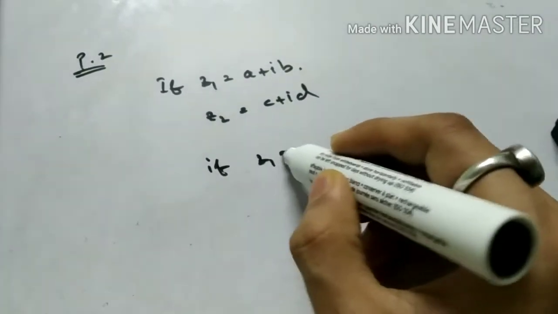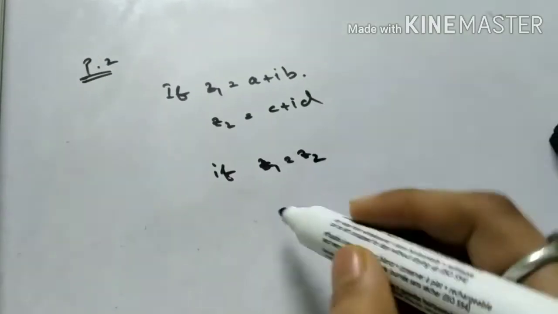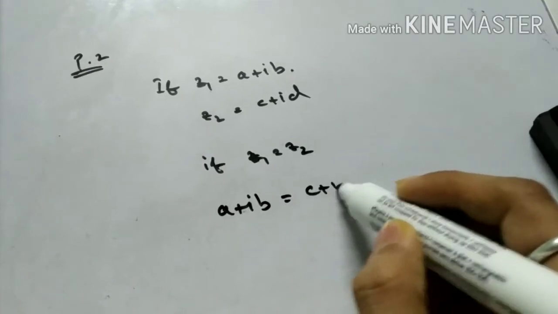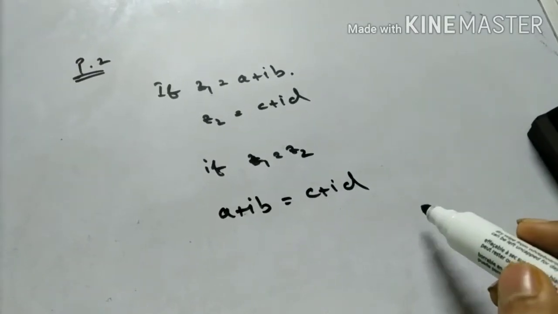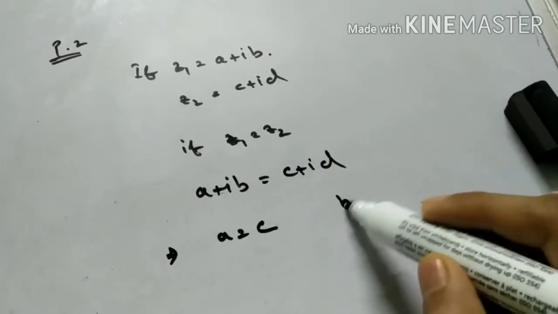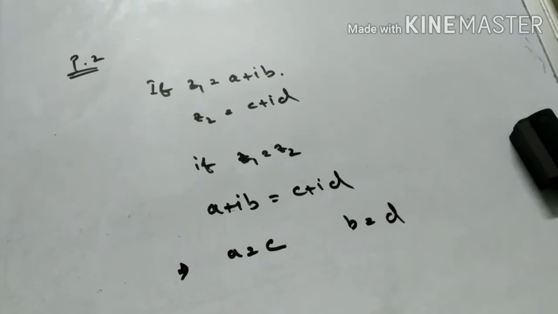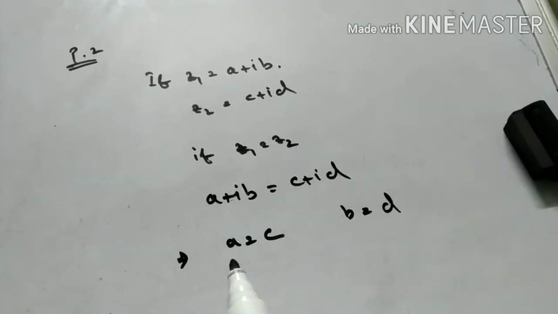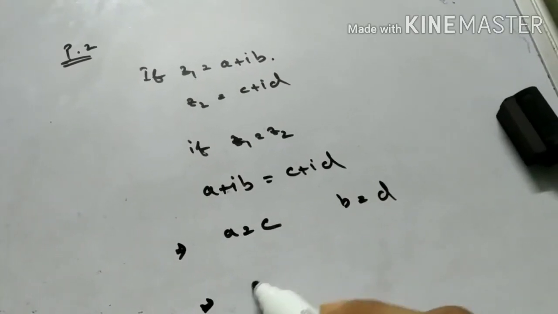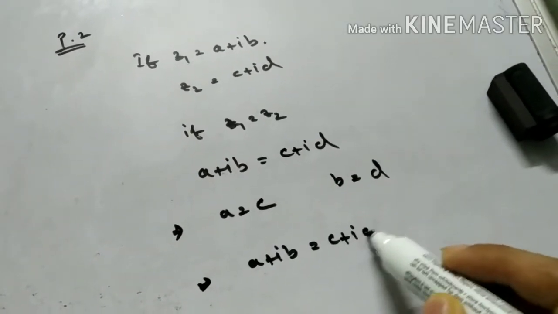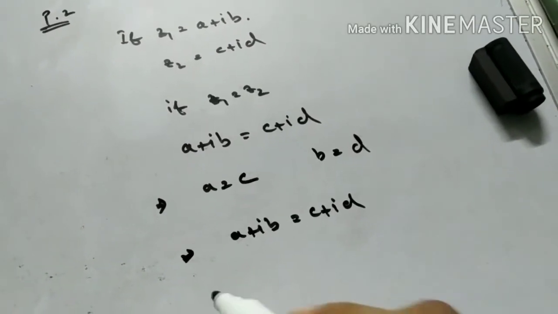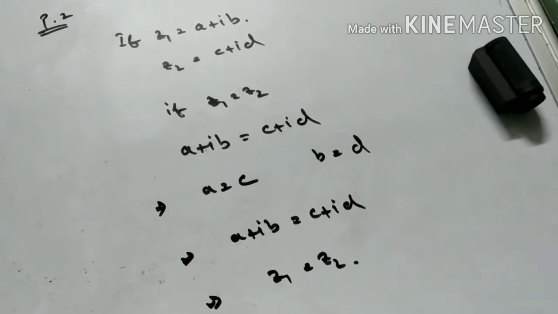Now if z1 is equal to z2, if these two complex numbers are equal, a plus ib is equal to c plus id, then I can say that the real parts are equal and the imaginary parts are equal. And conversely, if the real parts are equal and the imaginary parts are equal, then I can say that a plus ib is equal to c plus id, then z1 is equal to z2.